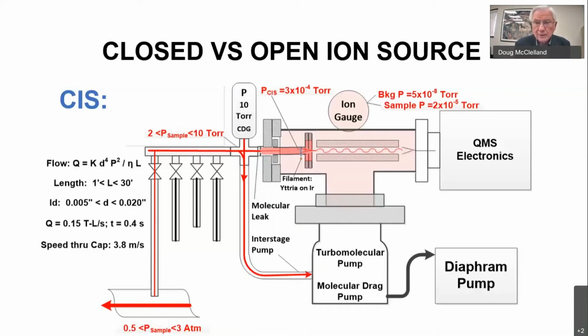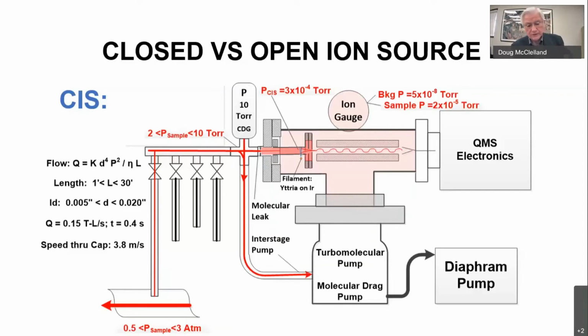The mass filter is operated with RF and DC potentials that are scanned to look at the mass spectrum of the whole range that we're interested in. And we then record the ion currents that come out in an electrometer within the quadrupole electronics. So all of this is a package where the goal for the user is to provide a representative sample.